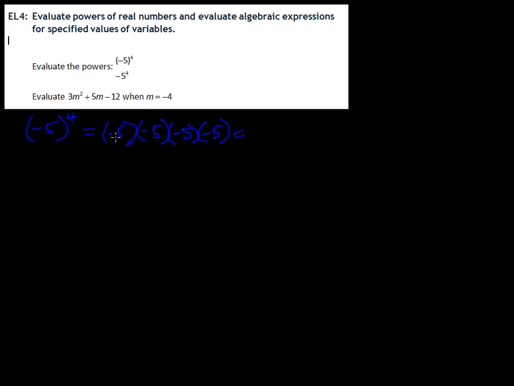Order of operations says do this left to right. -5 times -5 is +25, times -5, times -5. 25 times -5 is -125, times -5. And so finally we have a negative times negative. This is 625.